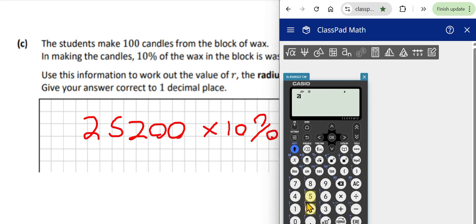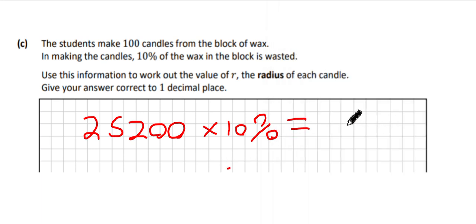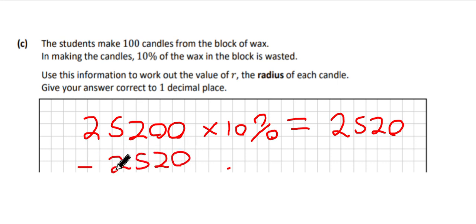So we're going to do 25,200 multiplied by 10. Press the catalog button. Go to probability. Find your percentage. 10%. 2,520. Sorry, 2,520. Take that away from your original volume.